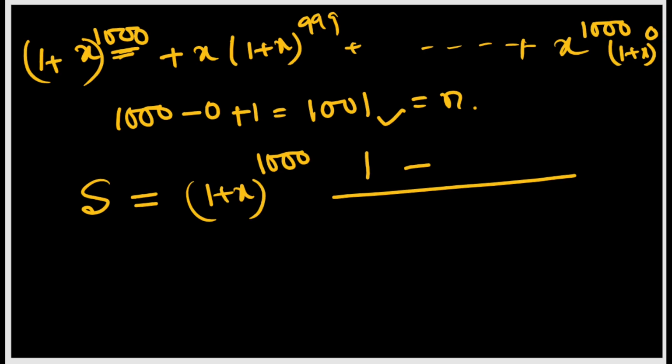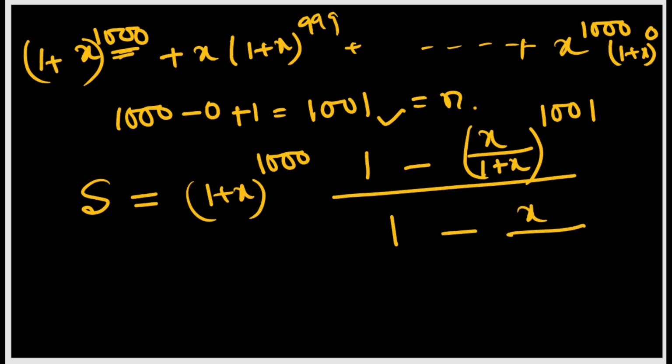1 minus r is 1 plus x over 1 plus x, and n is 1001. The sum is over 1 minus r, where r is x over 1 plus x. So now we simplify this term very carefully.